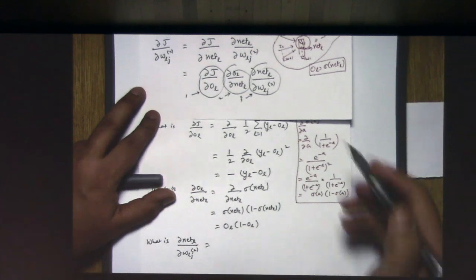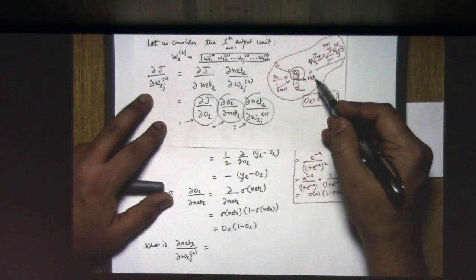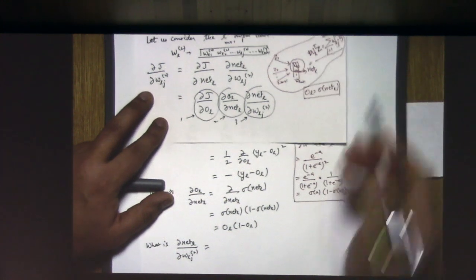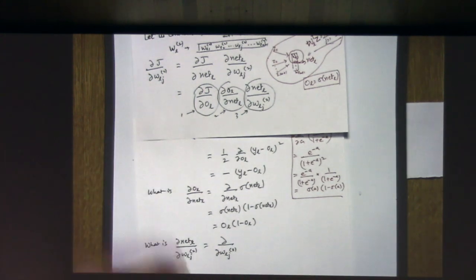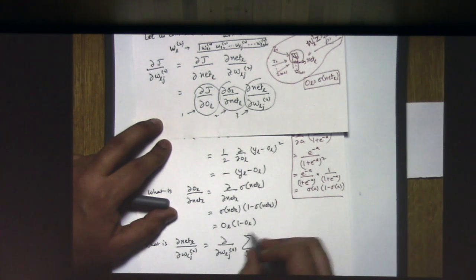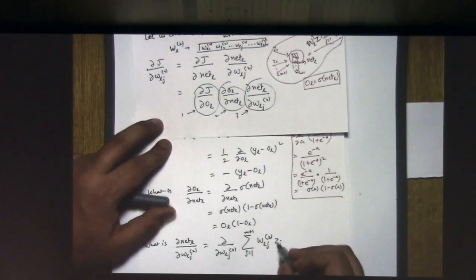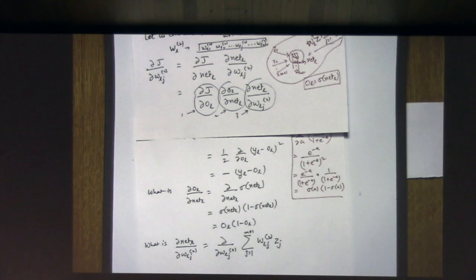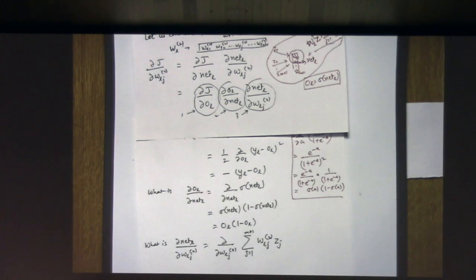Now, I remember that I wrote net_L is basically this summation, so I'll put that here: the summation over j equal to 1 through m plus 1 of W_Lj times Z_j. Remember, Z_j is the input that is coming from the jth hidden node, which you would have already computed when you were doing the forward pass.